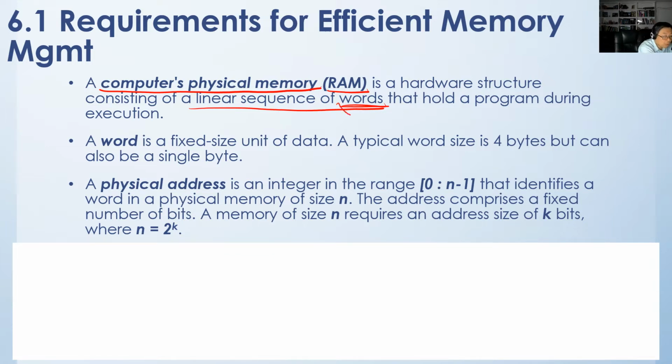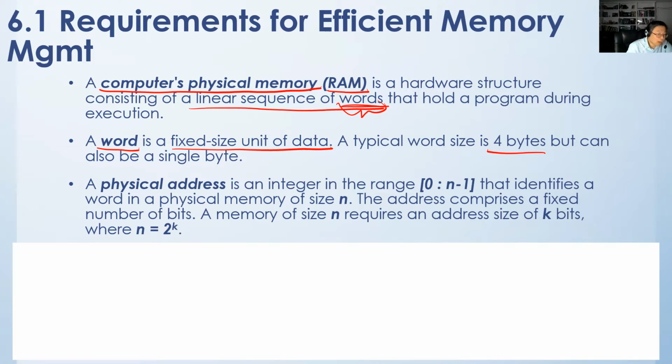Now, we mentioned a word. What is a word? A word is a fixed-sized unit of data. Computer memory is going to store the data, so a word is the smallest manageable unit in the computer memory. A typical word size is 4 bytes. Just keep in mind that the computer system uses binary numbers, so the memory size is also measured using binary numbers.